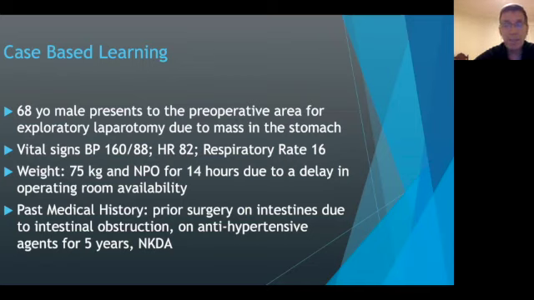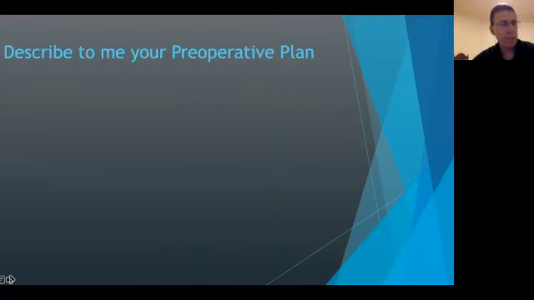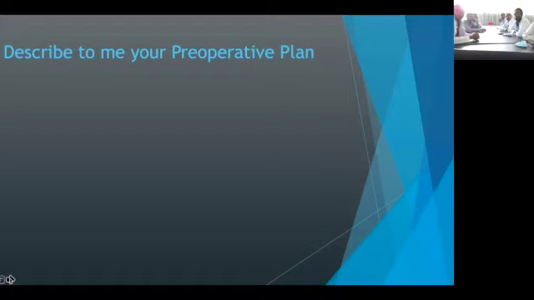He's taking a couple of different antibiotics, but he doesn't know what they are. You don't have any documentation from his records to know what he's on, because the records are lost. Nobody knows where they are. So, tell me your plan.